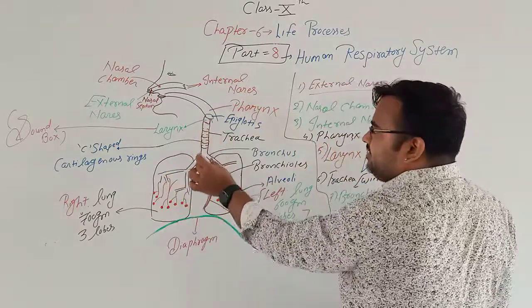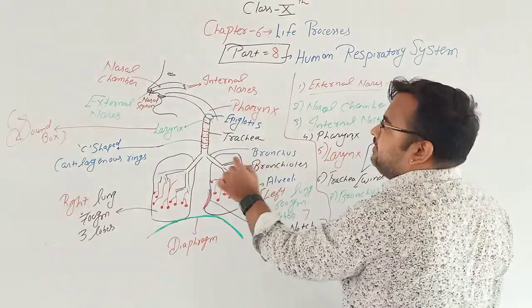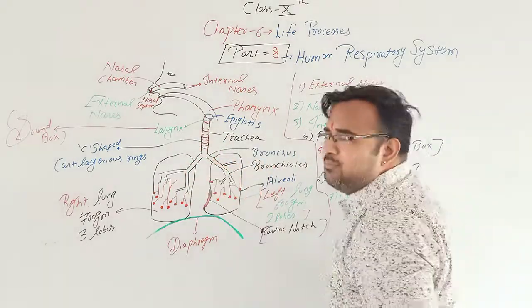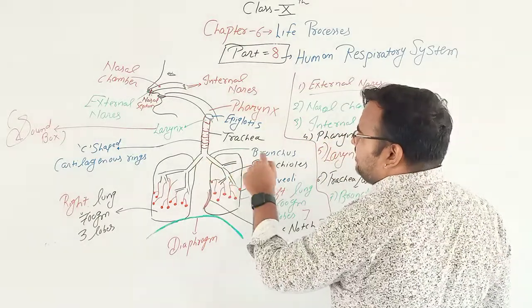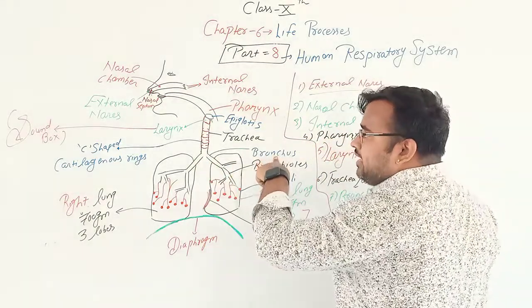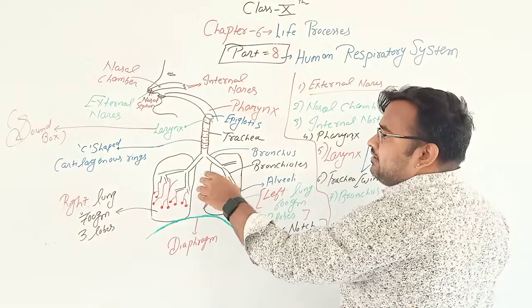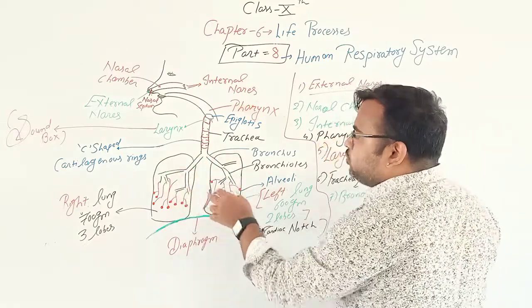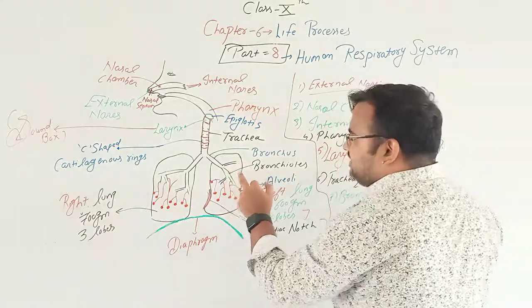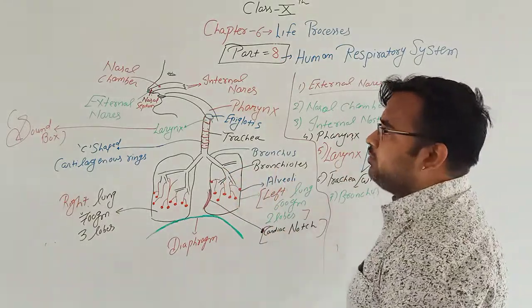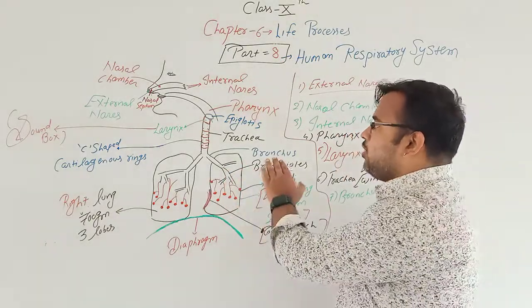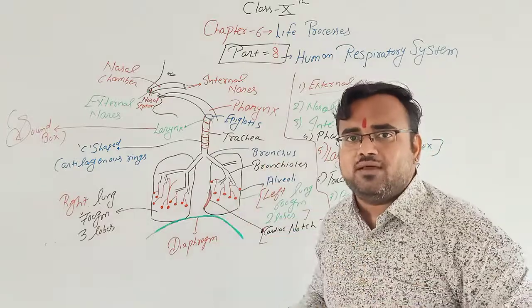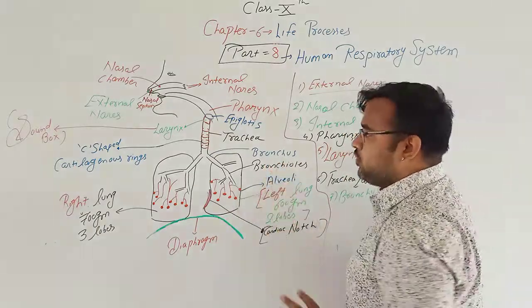The trachea is divided into two branches. These are known as primary branches, and the primary branches are known as bronchus. Then bronchus, after entering into the lungs, is divided into many sub branches which are known as bronchioles.